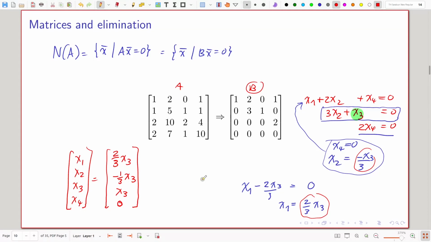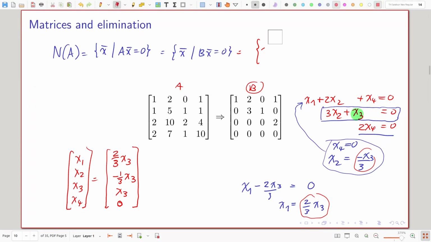But what does this look like? It looks like a line again. So the null space of B is this vector. Let me write it in one-line form.